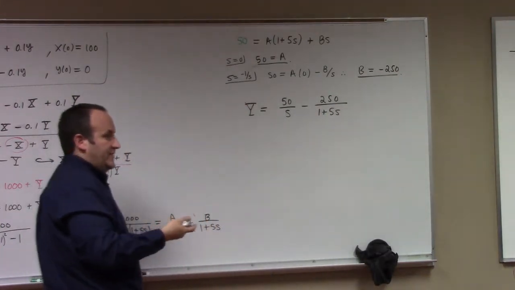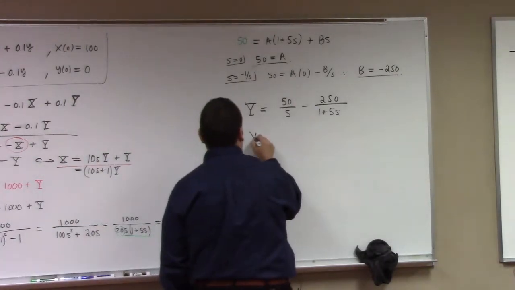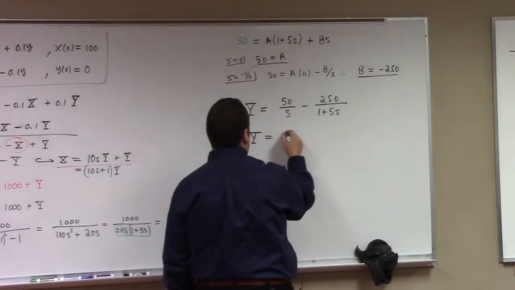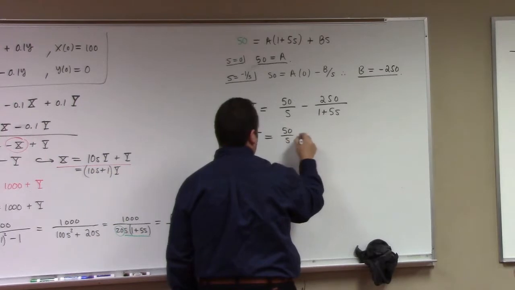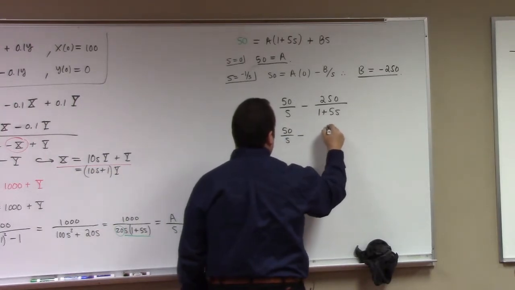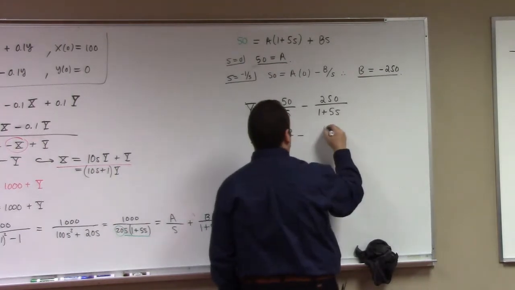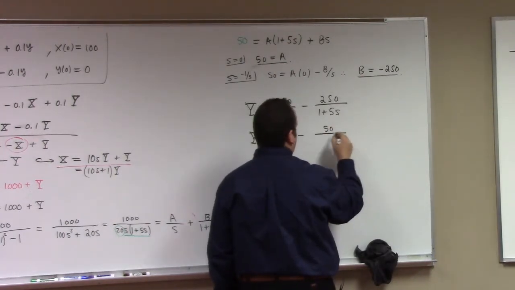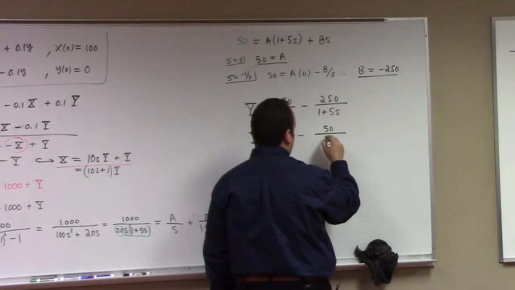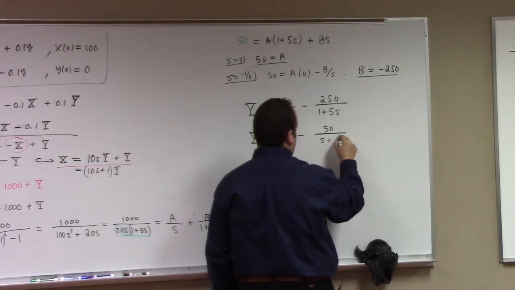At this point, I have to face the music, which is to rewrite it a little bit more. This is 50 over s minus, well, divide the top and the bottom by 5. So dividing the top by 5 gives me 50. Dividing the bottom by 5 gives me s plus 1/5.